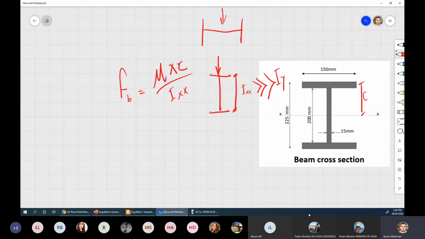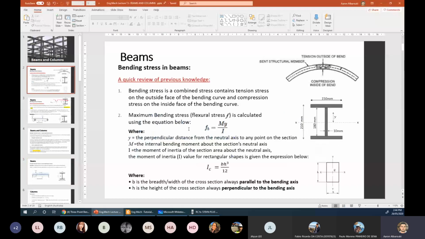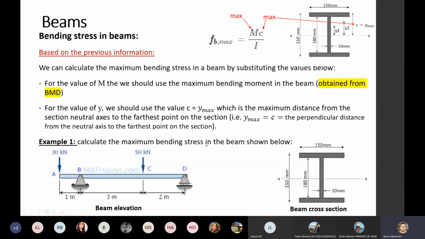So if I go back to this example, can you please try to solve this for me? Calculate the maximum bending stress in the beam shown below. What do you need to do to calculate the maximum bending stress? This is our Fb max equals M multiplied by C divided by I. What is the first step I need to do, guys?